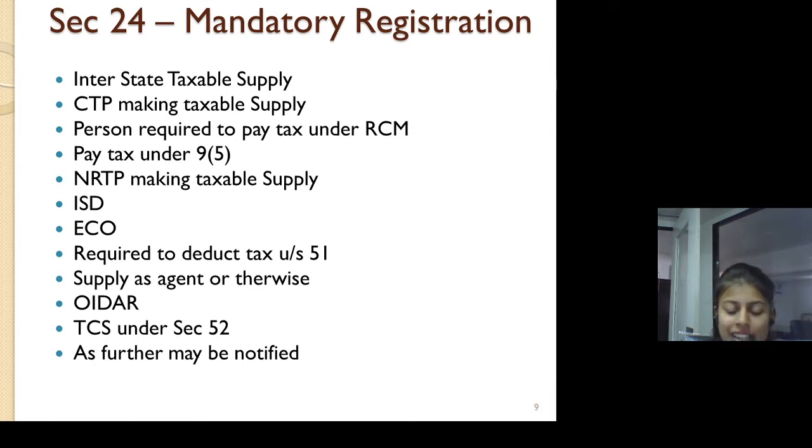Then if you are supplying as an agent or otherwise of the principal, then also you are required to take a registration. See, registration does not mean that you will necessarily have to pay taxes on it. That will all depend on what type of supply you are making, what is the time of supply, place of supply, etc. However, if declared by the government that you are supposed to take a registration, otherwise that will be regarded as a violation of law.